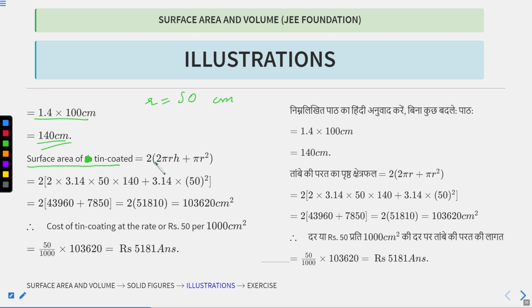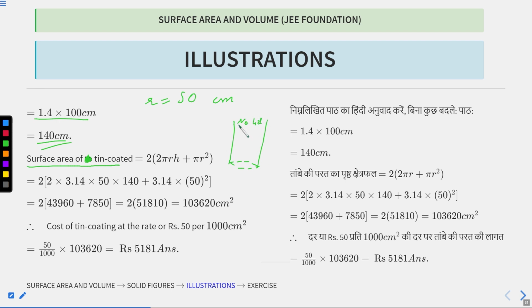Okay. So how are we going to find it? If you recall, this is a cylinder. So let me just draw. So this is my cylinder, with the opening, no lid here.